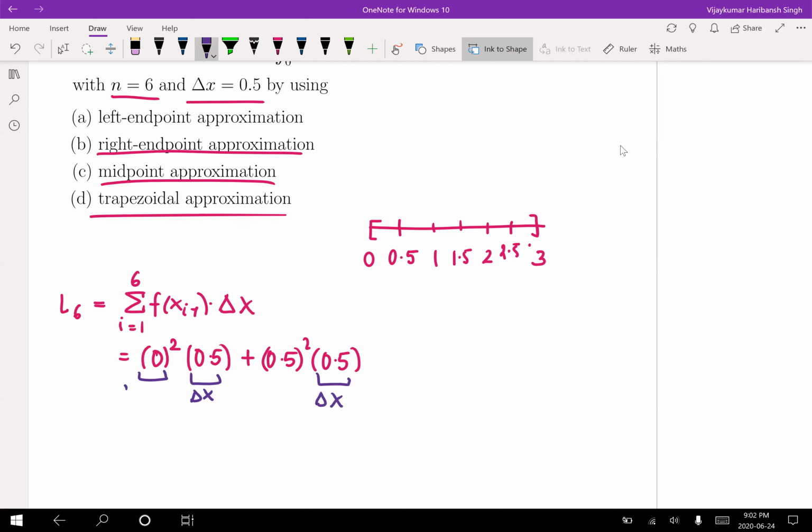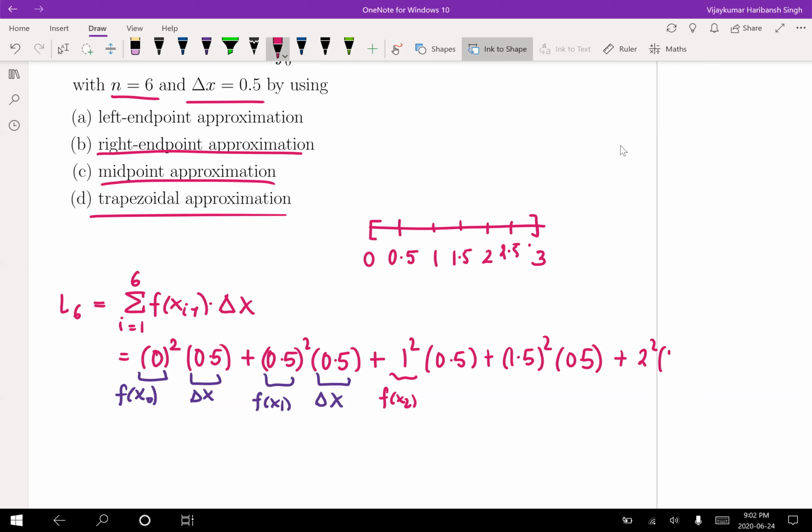These are your f of x values, right? f of x0, this is your f of x1, plus 1 squared times 0.5, this is your f of x2, plus 1.5 squared times 0.5, plus 2 squared times 0.5, plus 2.5 squared times 0.5.